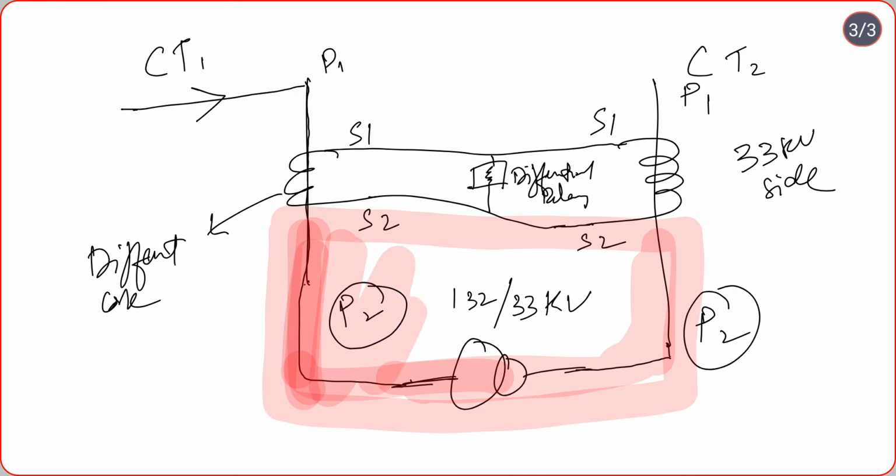This area is getting protected by the differential relay. And if we do the connections wrong, as explained in the previous case, there will be a flow of current that will add up and cause the differential relay to operate, and it will cause the tripping.